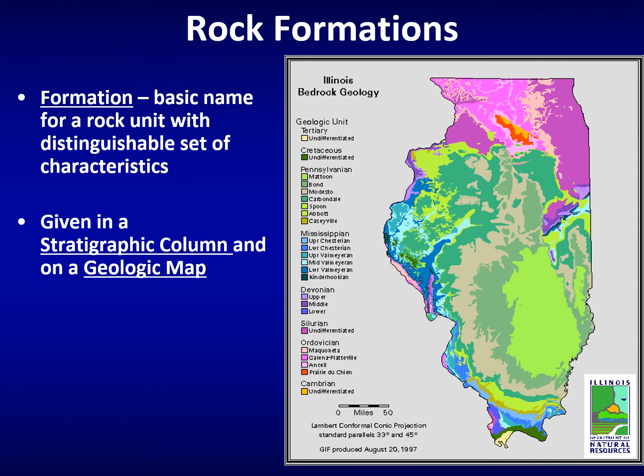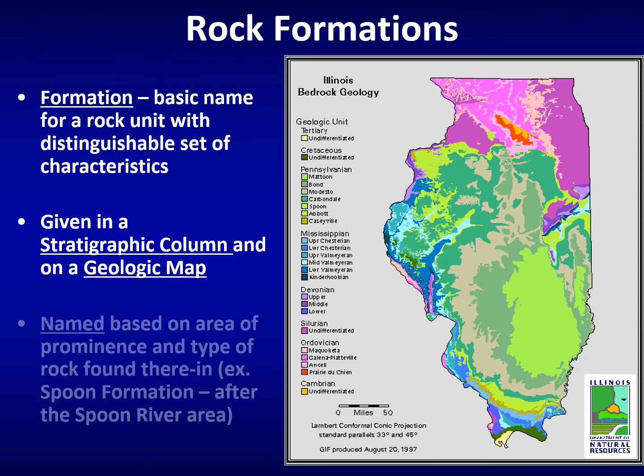Each of them is given in a so-called stratigraphic column on a geologic map. Geologic maps inform us on what types of rocks we're looking at and how old they are relative to one another.